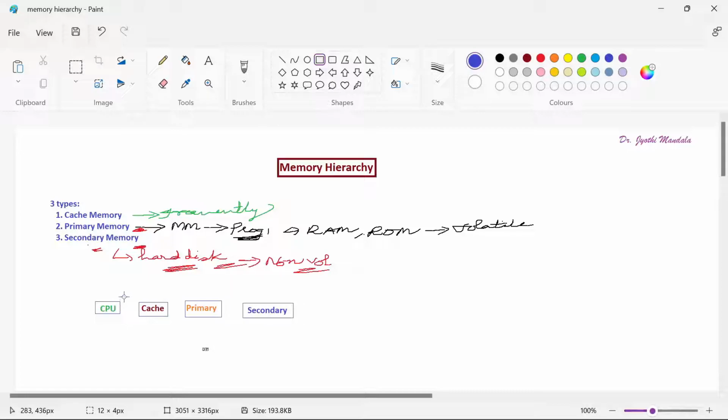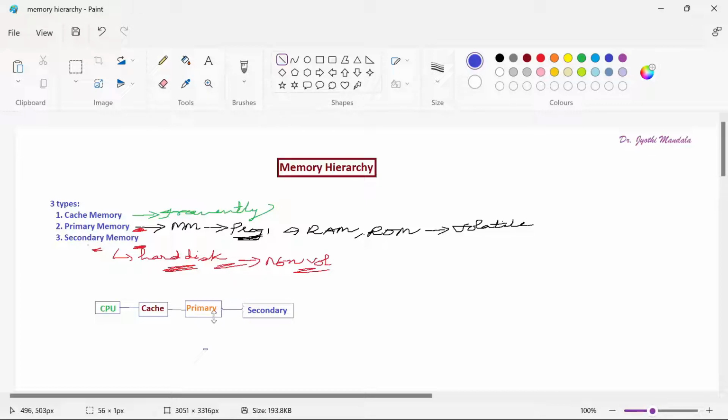Now whenever the CPU is executing any program, it will first check the data in the cache memory. From where will the cache memory get the data? The cache memory will get the data from the primary memory, and the primary memory, if it wants the data, will access the secondary memory.